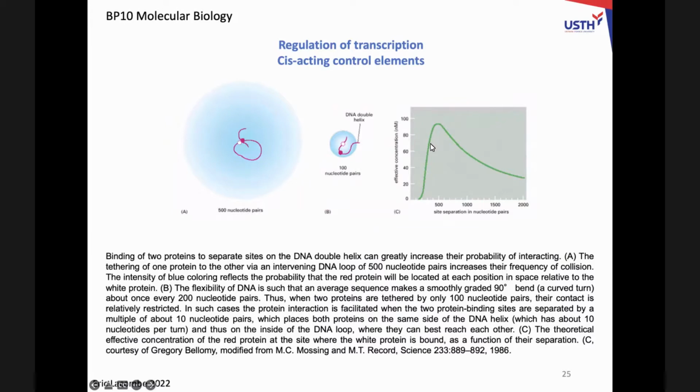But what is really weird is this part. So this part is if the distance between the two proteins is very short, we can imagine that it would be easy for them to get in contact, but it's not the case. Why? This dropping part of the curve is because you have two proteins.